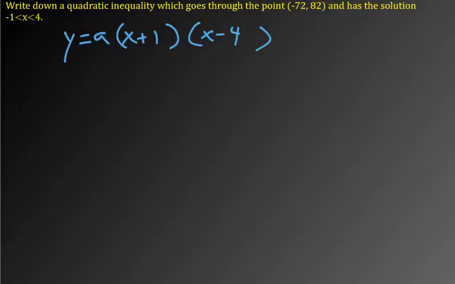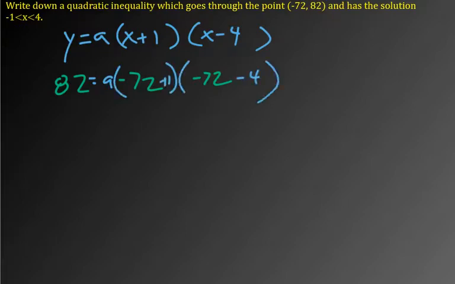So if we do that, we've got 82 there, and then we'll put in negative 72. So all I did there is I plugged in x and y.